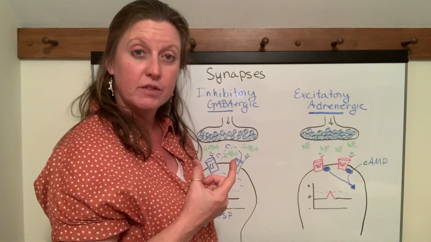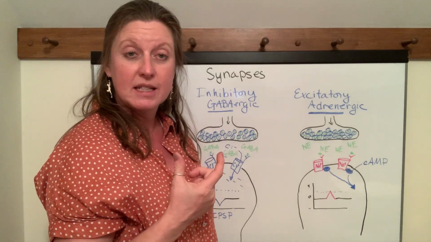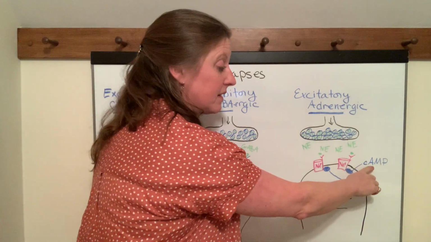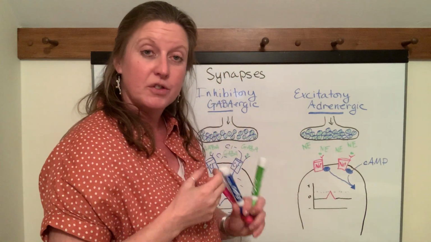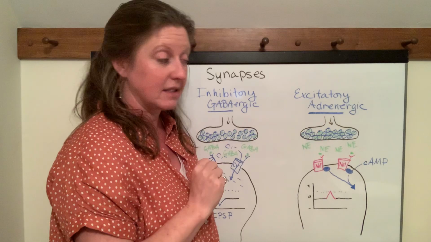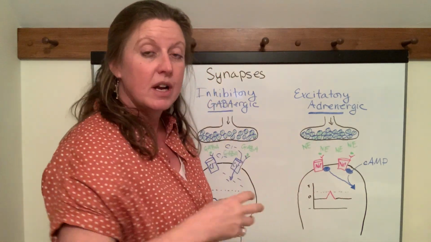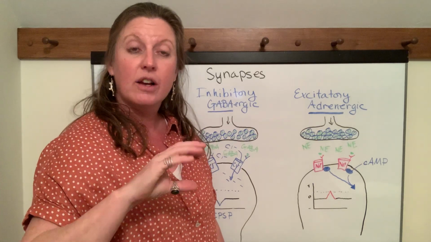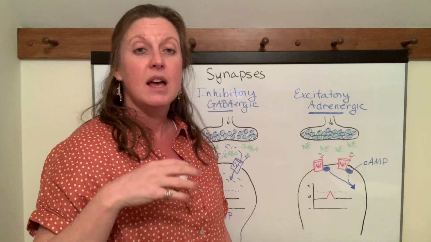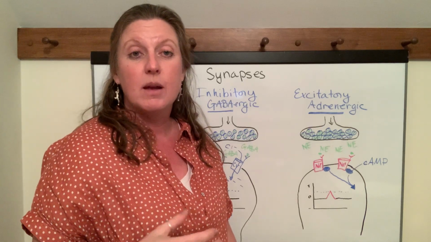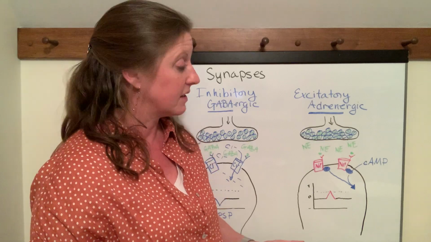This is a special kind of nucleotide, related to adenosine triphosphate, except this is adenosine monophosphate, and it's chemically arranged so that it's cyclical. That's where it gets its name. This cyclic AMP acts as a second messenger and goes into the cell and causes activation or inhibition of different things. It can activate enzymes, or it can activate transcription and translation of genes.